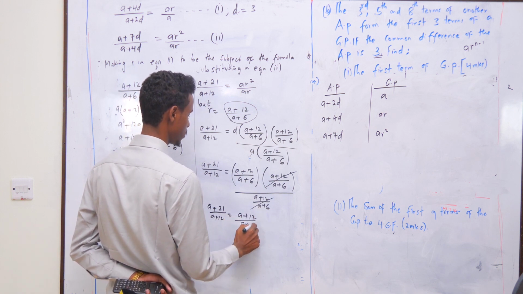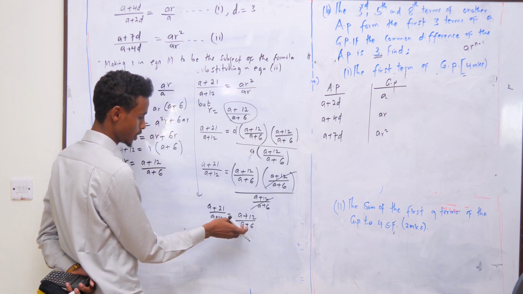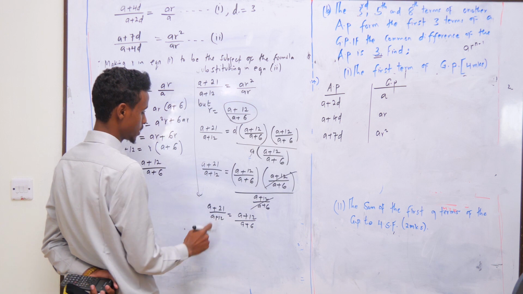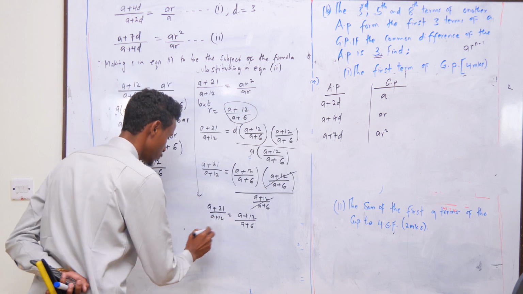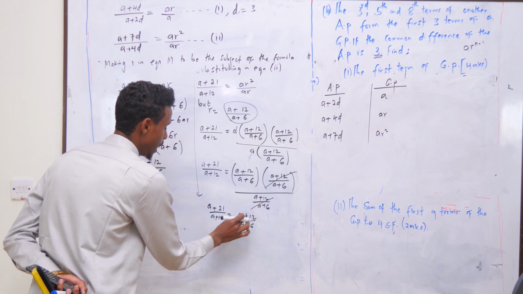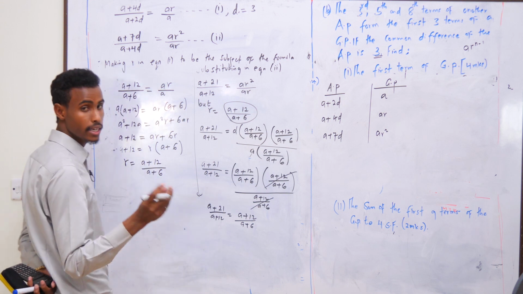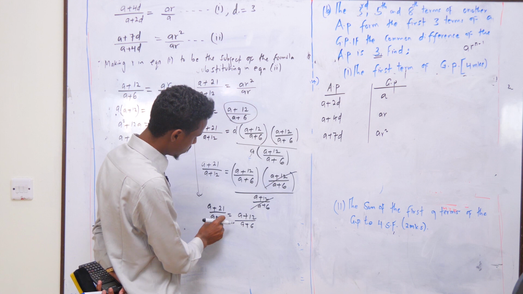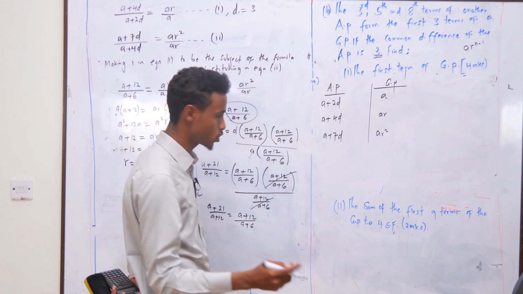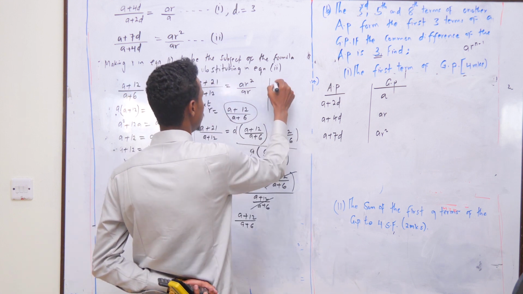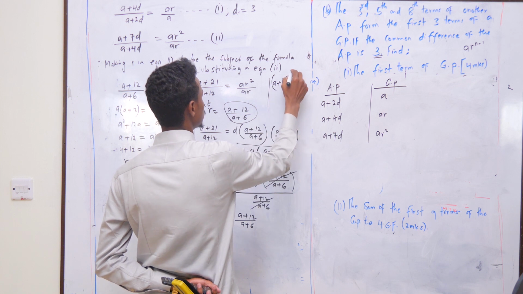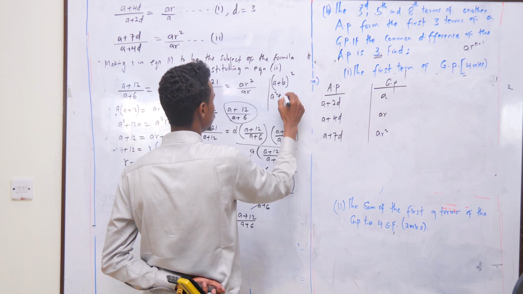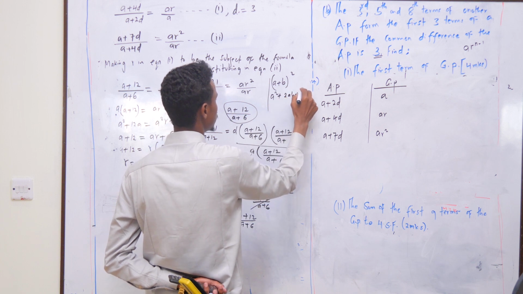Now a + 12 times a + 12, you have a plus. Now this one is called the quadratic identity, where we have, for example, (a + b) squared, it will be a squared plus 2ab plus b squared.